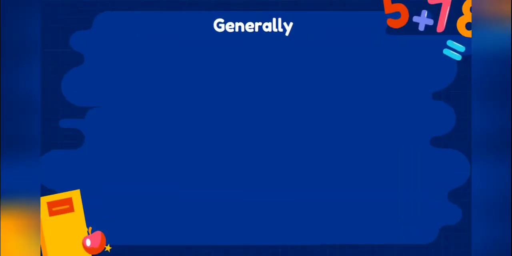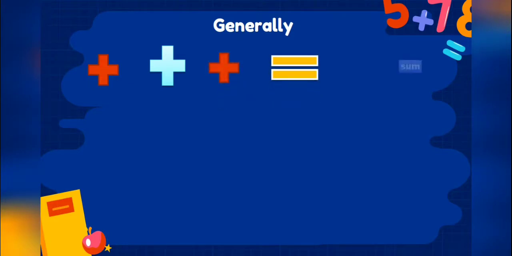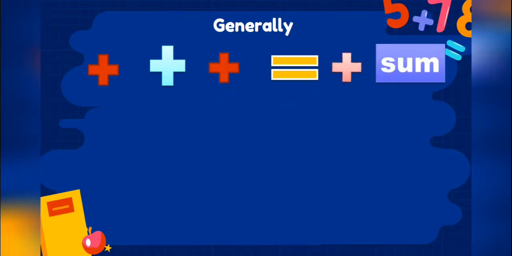Generally, we can say that when we add two integers with the same sign, we find the sum and keep the same sign. Like this, if I want to add two positive numbers, the answer will have a positive sign. So same sign, find the sum, keep the same sign.